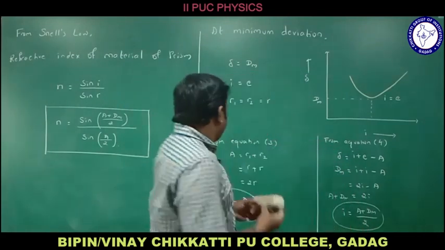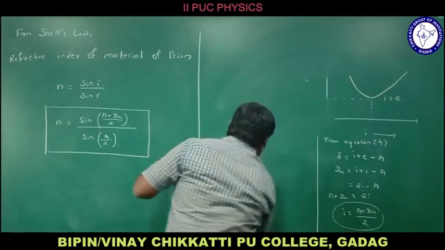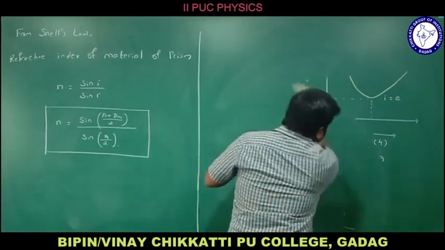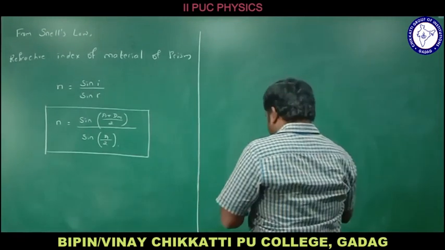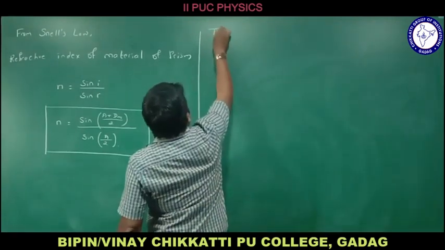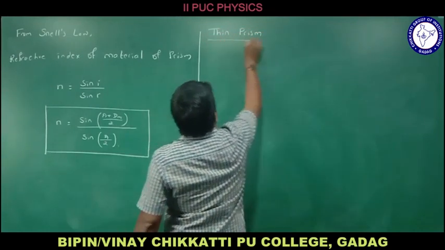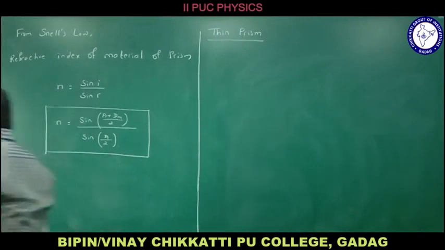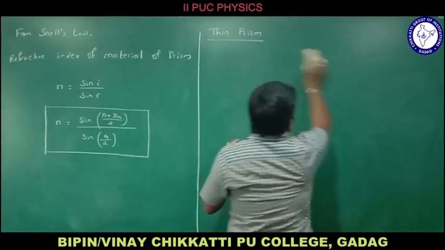Okay. Now let us take one note point. Let us take one concept called thin prism. As we have already taken about thin lens, there is one concept called thin prism.